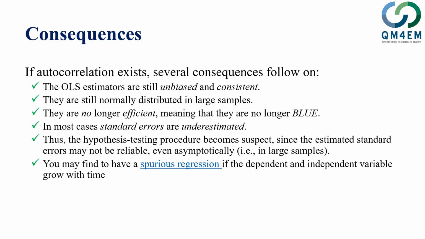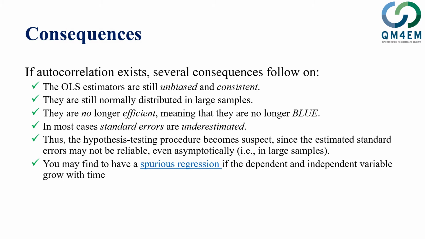Then we said that autocorrelation has a number of consequences for OLS estimators. Although the OLS estimators are still unbiased and consistent, they are no longer efficient, and that loss of efficiency, the minimum variance issue, puts a question mark on the hypothesis testing mechanism, and we can't trust it anymore.